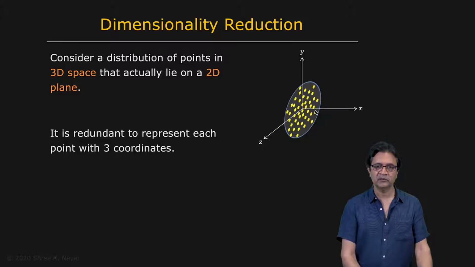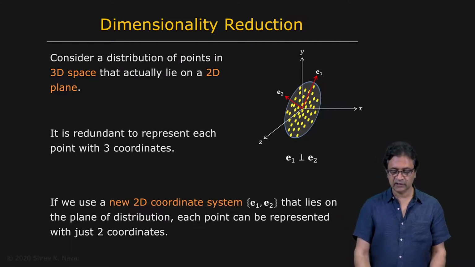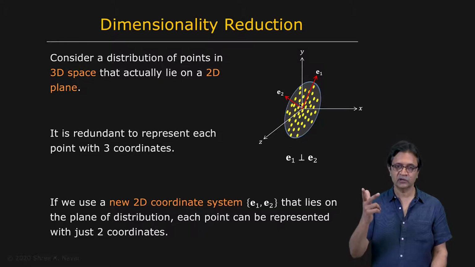So now what that means is that it is redundant to represent each one of these points using 3 coordinates x, y, z. If they happen to lie on a plane, you can actually erect a coordinate system that represents the plane, and that's given by these 2 unit vectors E1 and E2 orthogonal to each other. That's a new coordinate system.